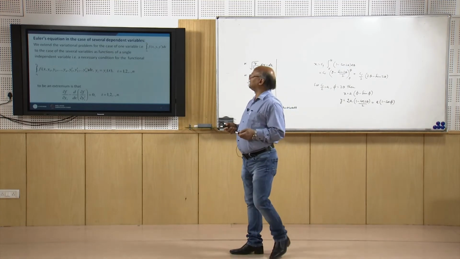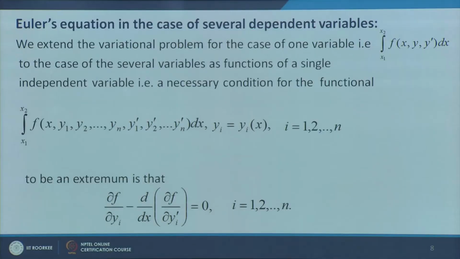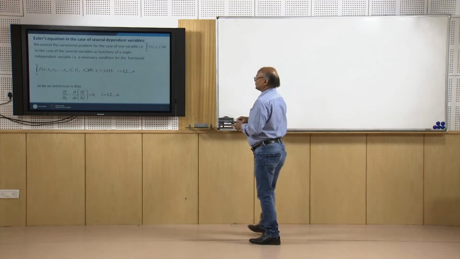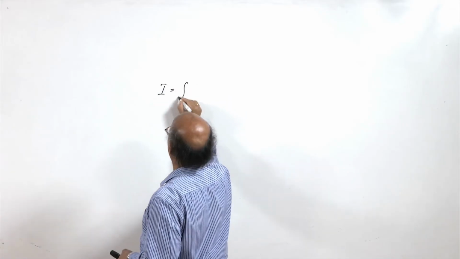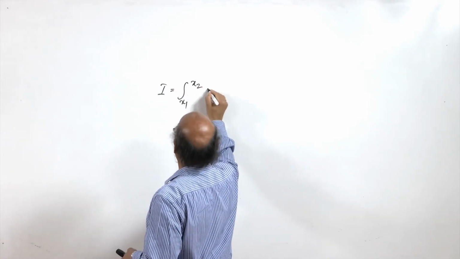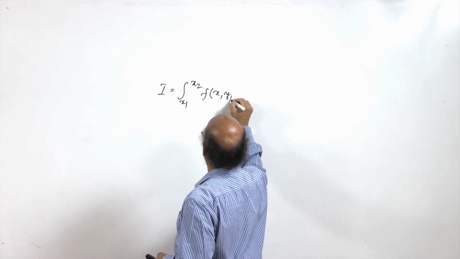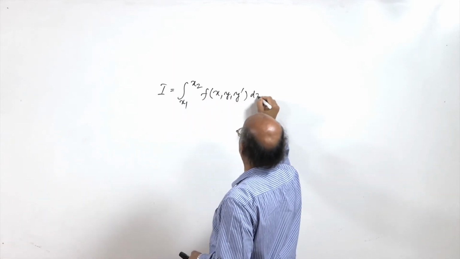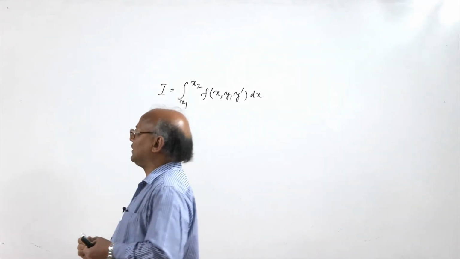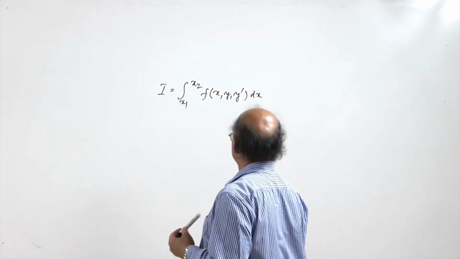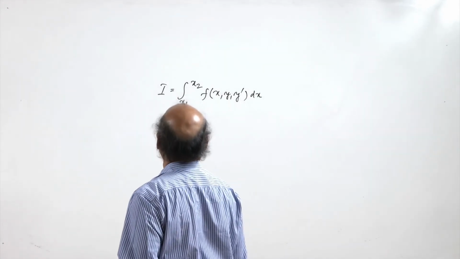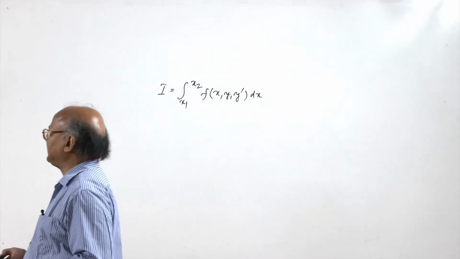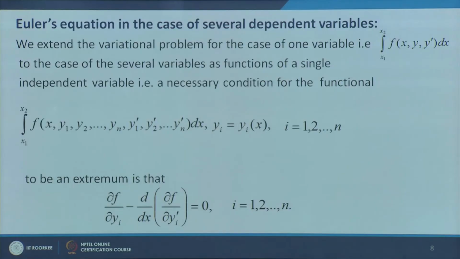So in previous lectures you have studied how to find the extremum value of this functional, where there is one independent variable x and one dependent variable y. Now we shall extend the study to the case of several dependent variables.